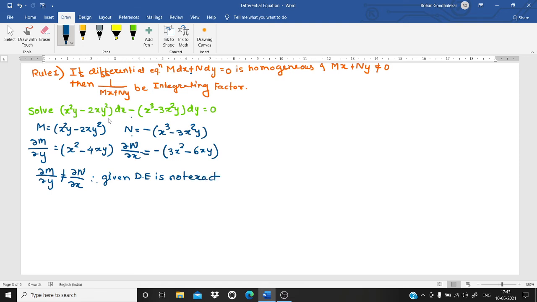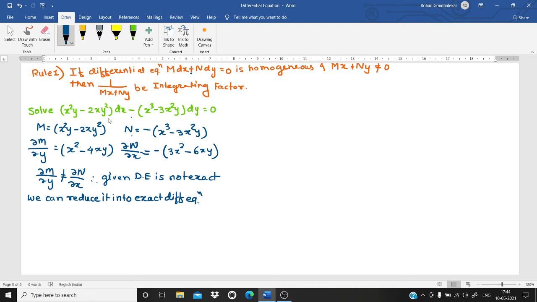So as I found it is not exact, first we can reduce it into an exact differential equation. How can we reduce it into an exact differential equation?